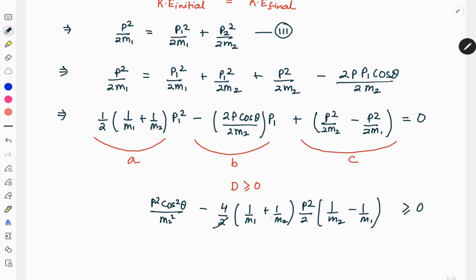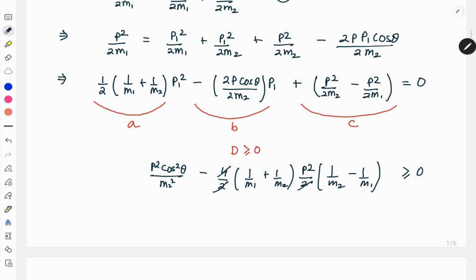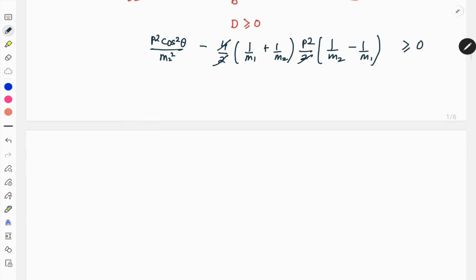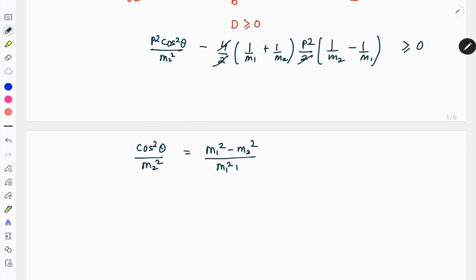So from here we can obtain the expression for cos square theta: cos square theta by m2 square is equal to m1 square minus m2 square by m1 square m2 square, and from here we obtain cos square theta as m1 square minus m2 square by m1 square.